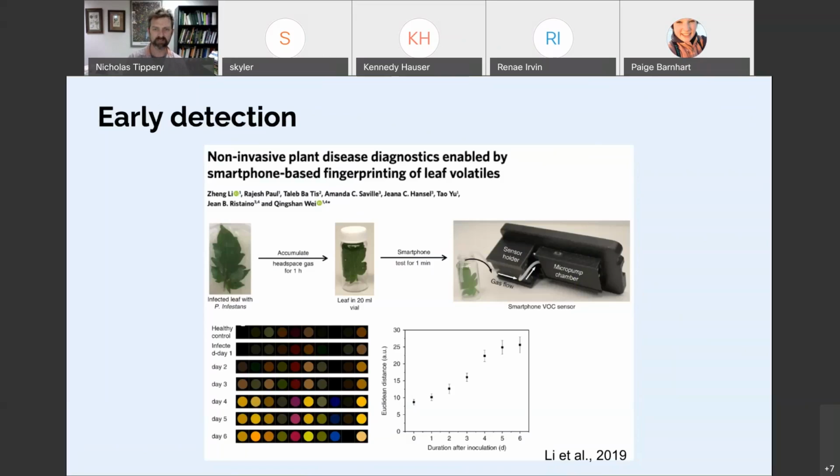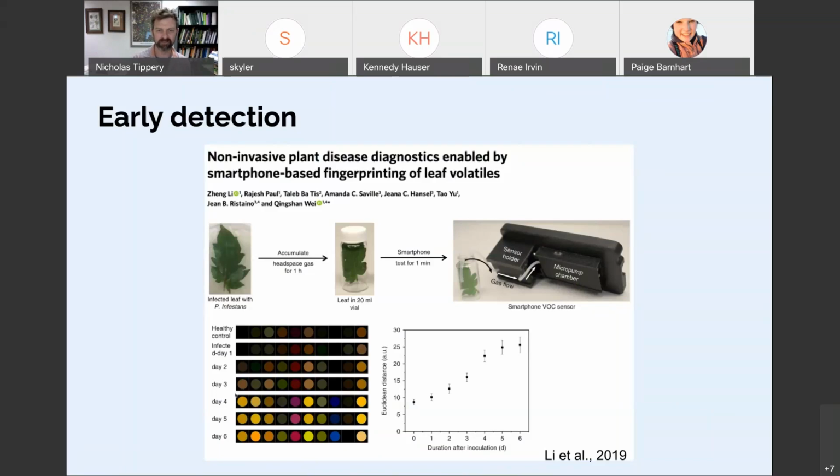So on the subject of detection, this was something that I found interesting last year. This group was researching the ability to detect pests by basically chemically smelling a plant and trying to identify or characterize the volatiles, the chemicals that the plant gives off as it's being infected or attacked by different organisms.